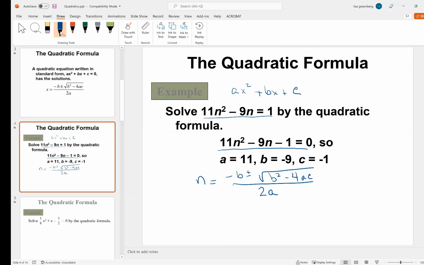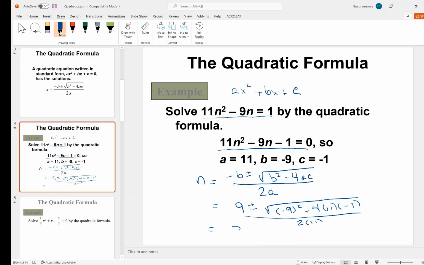And we know what a, b, and c are. We just plug it in. So we have negative negative 9, which is positive 9, plus or minus the square root of negative 9 squared minus 4 times 11 times negative 1, divided by 2 times 11.